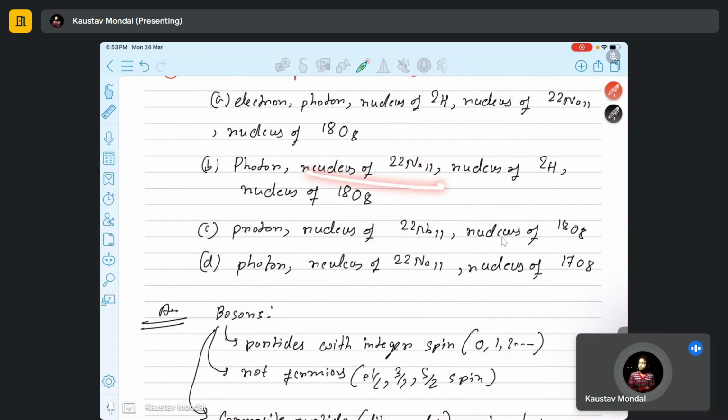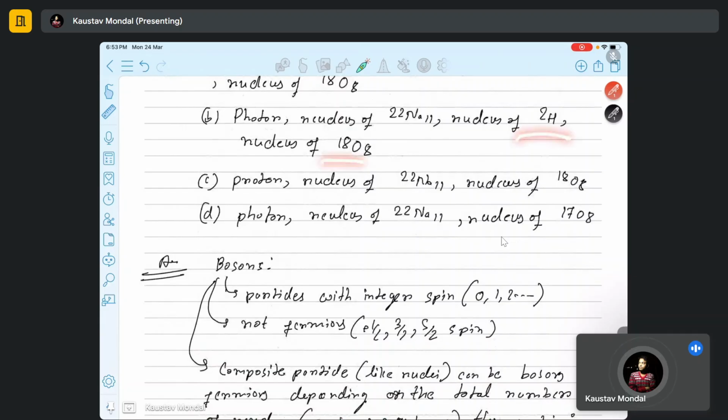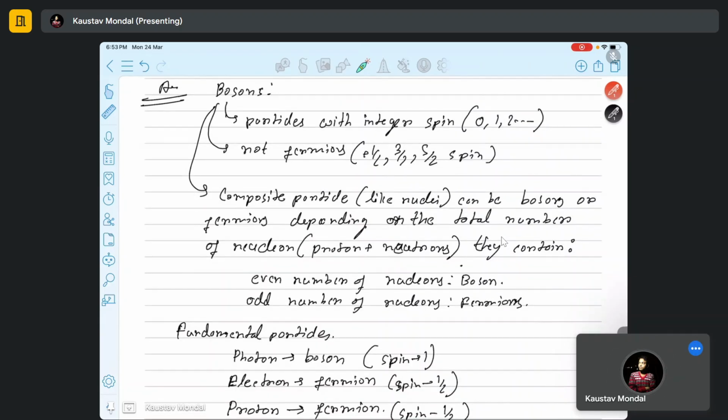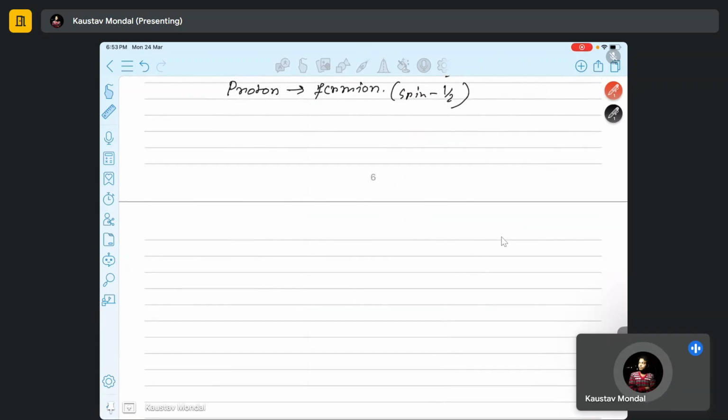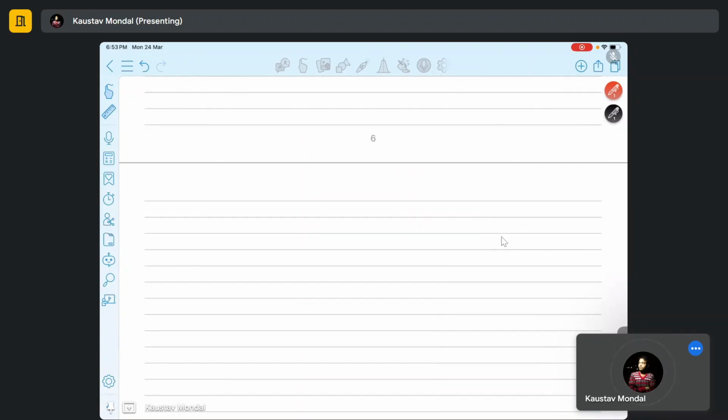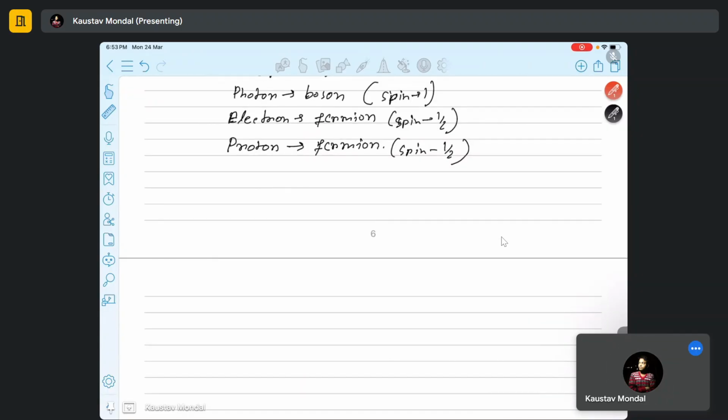Now in the next option, photon is there, sodium is there. So let's check the nucleus of sodium, and also deuterium and oxygen. Let's check whether they are bosons or fermions. Let's check deuterium first, that is 2H2. It has 1 proton plus 1 neutron, that means 2 nucleons, an even number, so it is a boson.